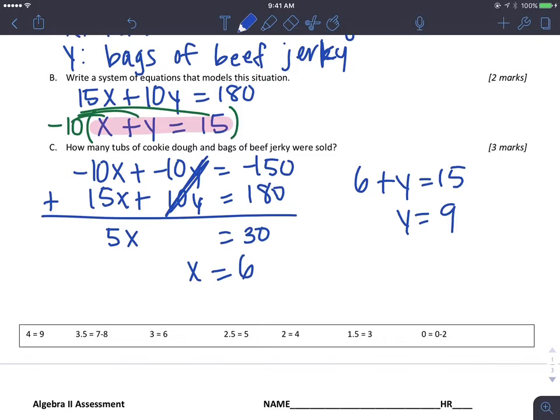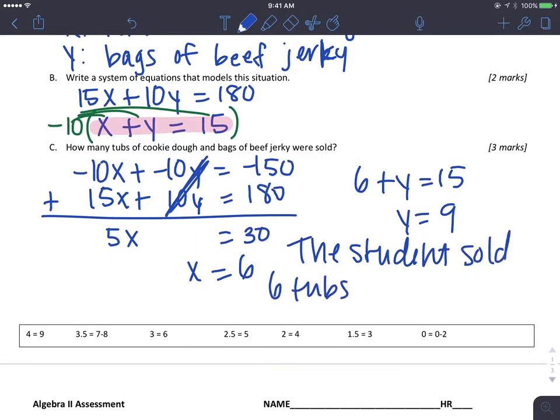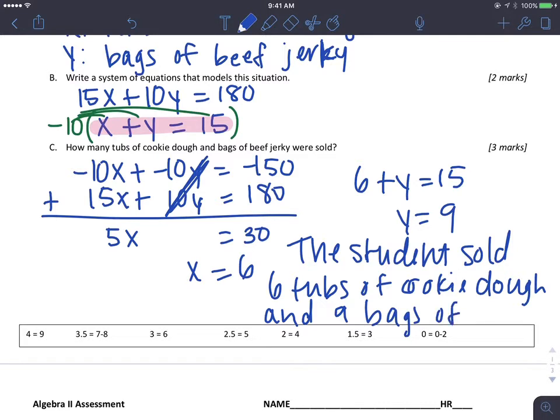Remember, for these questions where they're asking for your final answer, I would like you to write a full sentence giving your answer. The student sold 6 tubs of cookie dough and 9 bags of jerky.